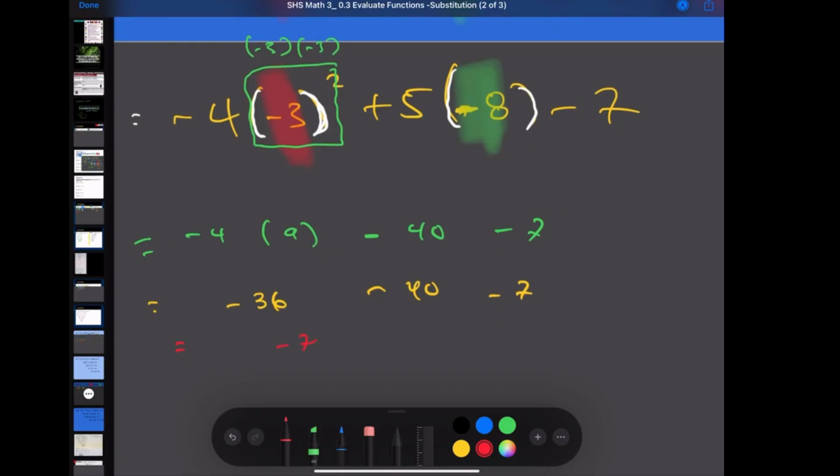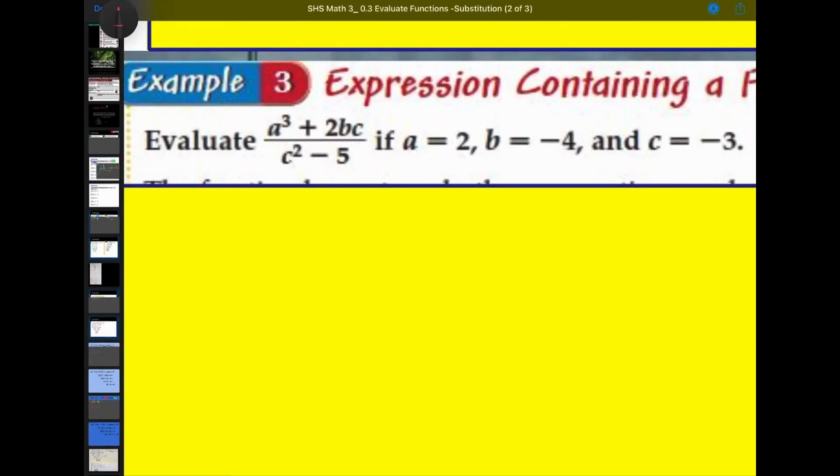Let's see, -76 minus 7. You said how many? Negative. There we go. Raise your hand if you got -83. Good job, good job. All right.